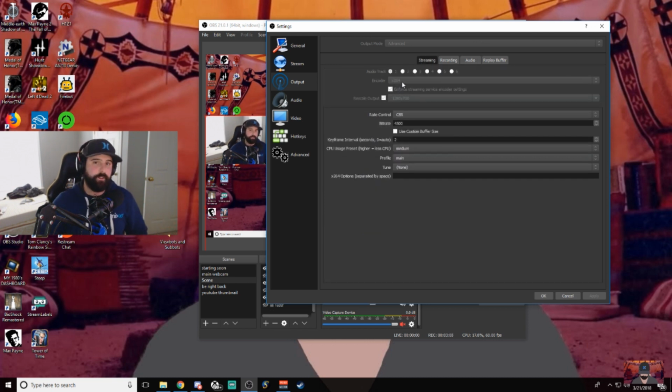So, got two different encoders. You got X264, which is your CPU, or we have NVENC. NVENC is for people who have Nvidia graphics cards. They do have an AMD encoder as well. I think you still have to download a plugin from the OBS Project, but you can get that. Which encoder I use usually depends on what kind of game I'm playing.